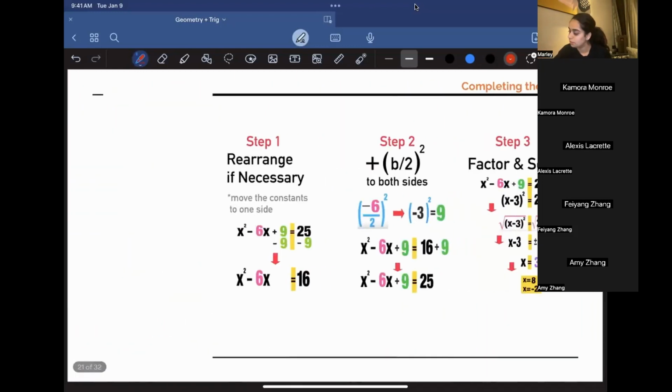Okay. We have completing the square, and we basically have to rearrange the equation by moving constants to one side.